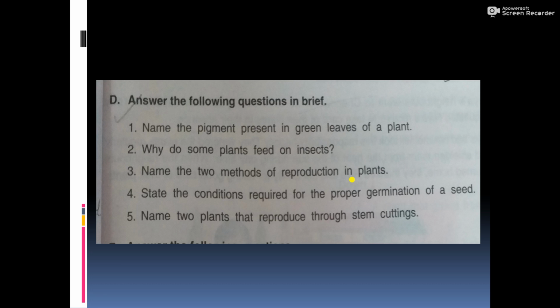Correct? First question is, name the pigment present in green leaves of a plant. You know very well, that is chlorophyll. Second question is, why do some plants feed on insects? Children, you know that plants that feed on insects are called insectivorous plants.